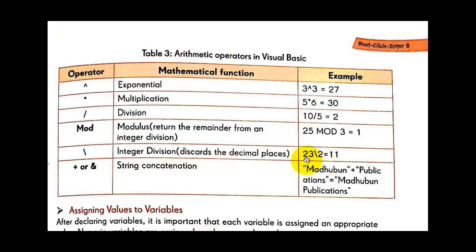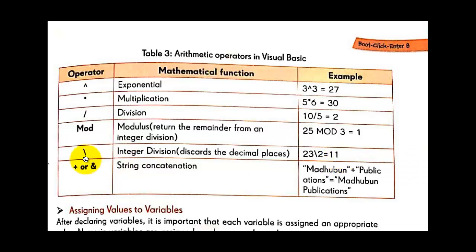That is 23 divided by 2. In simple terms, we'll discard the remainder here and take only the quotient. That is 23 divided by 2. 2 11s are 22, and 1 is the remainder. We'll neglect the remainder 1 here and take only the quotient, that is 11.